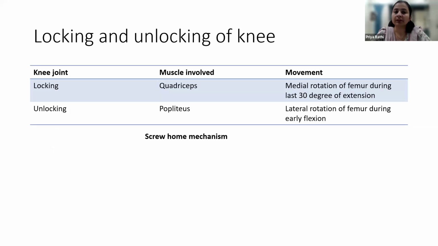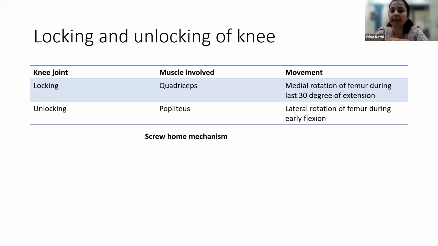So whenever we are trying to extend our knee, the lateral condyle occupies the lateral meniscus first and the medial condyle then rotates medially considering the axis of the lateral condyle so that the knee is fully locked during full extension.